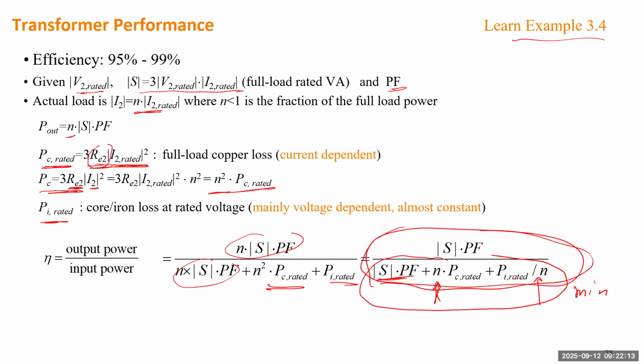If you want to find the minimal value, you can just calculate the derivative of this function with respect to n. But the conclusion usually will be that those two items are equal. That will give you the minimal denominator, which is the maximal efficiency. Okay, so you can take a look at that example for more details.